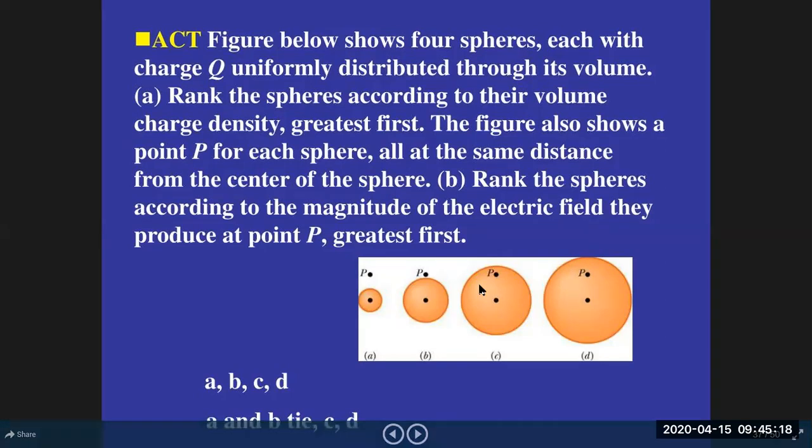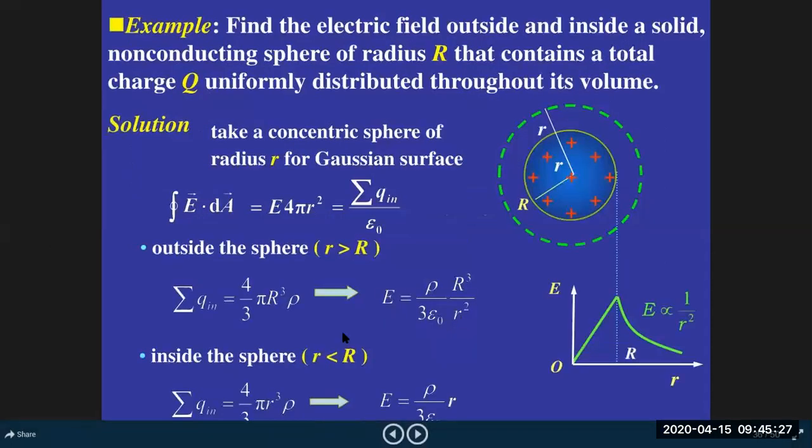Then what will the electric field depend on? Remember, in the previous question it is correlated to here. Try to understand: the electric field is directly proportional to charge density, and directly proportional to the cube of the radius of the sphere, as well as inversely proportional to the square of the distance.